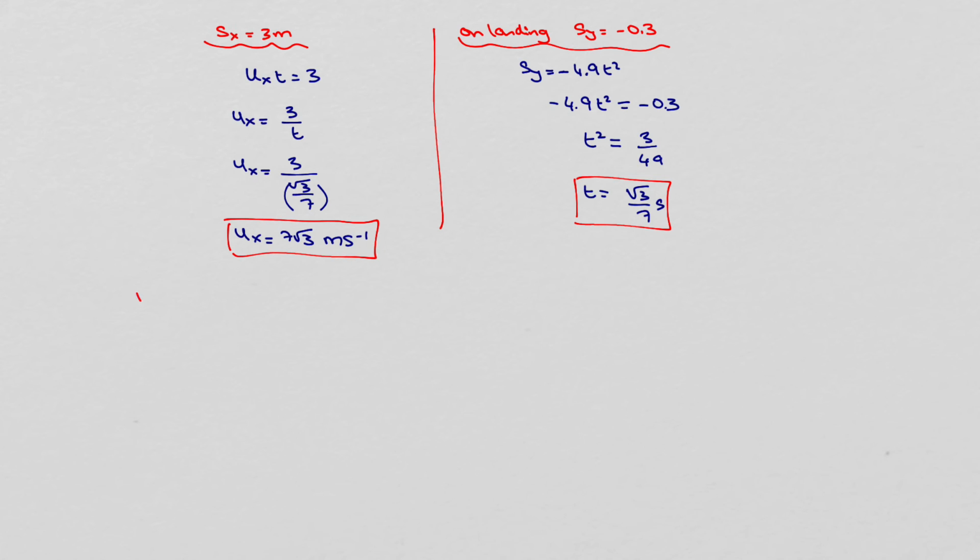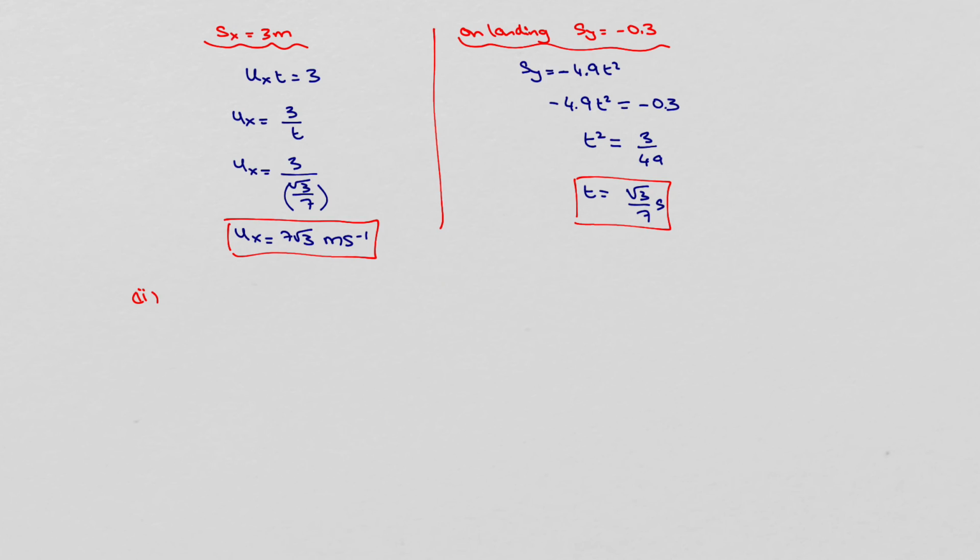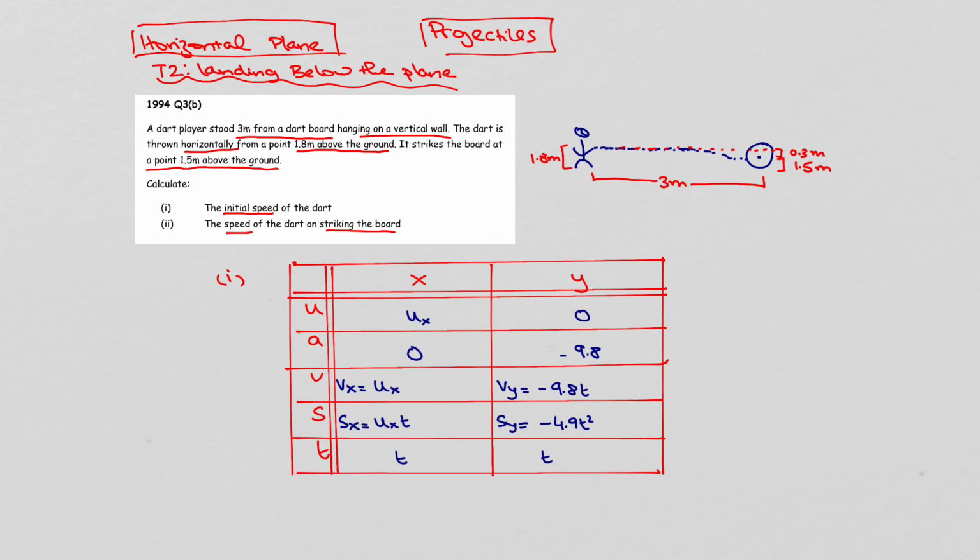Part 2 wants us to find the speed of the dart when striking the board. To find that, we need our final velocity in the Y direction. Our V of X is also equal to our U of X, so it's going to be 7 root 3, whereas V in the Y direction is minus 9.8t.